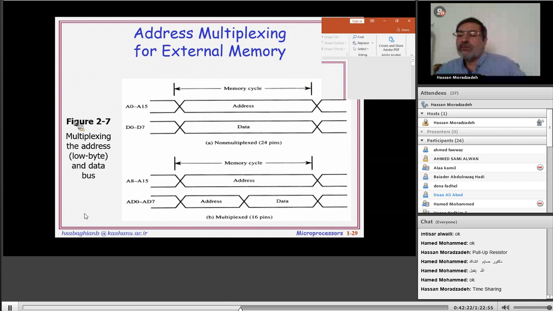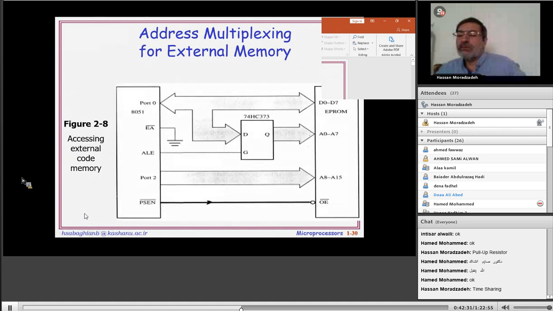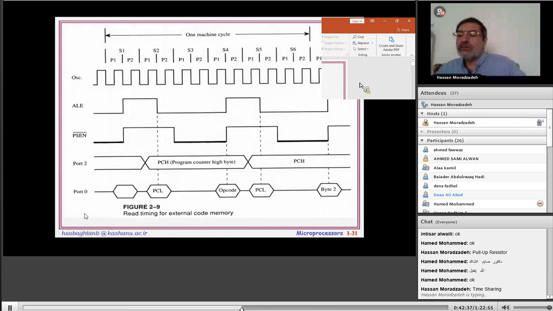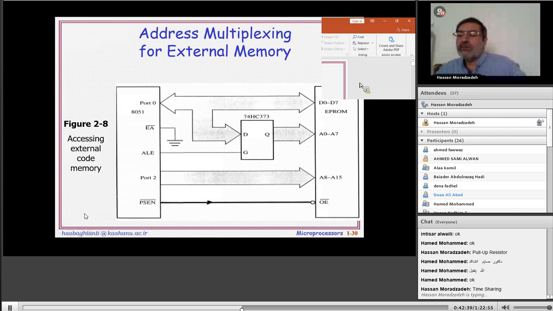Each machine cycle consists of states, state 1 to state 6, and each state consists of 2 phases, phase 1 and phase 2. Here phase 1 of S1, phase 2 of S1, phase 1 of S2, phase 2 of S2, etc.